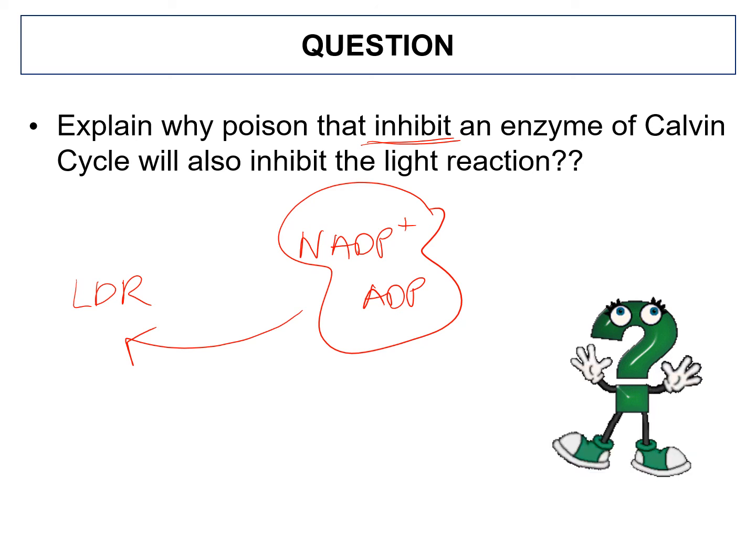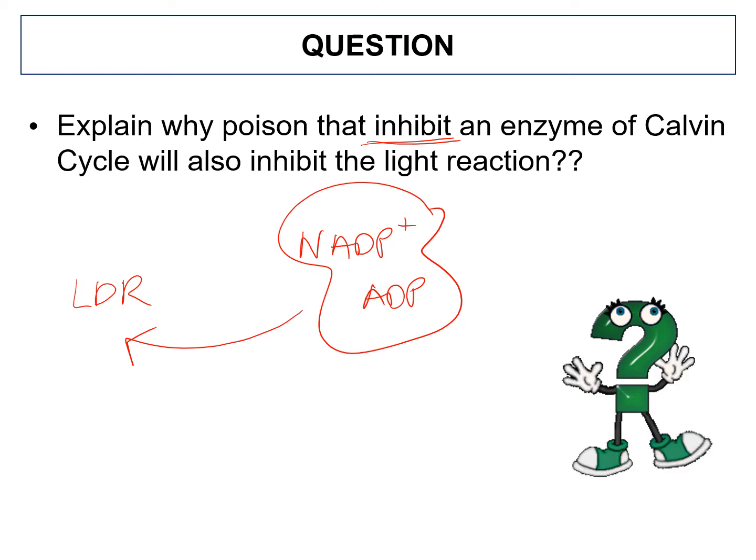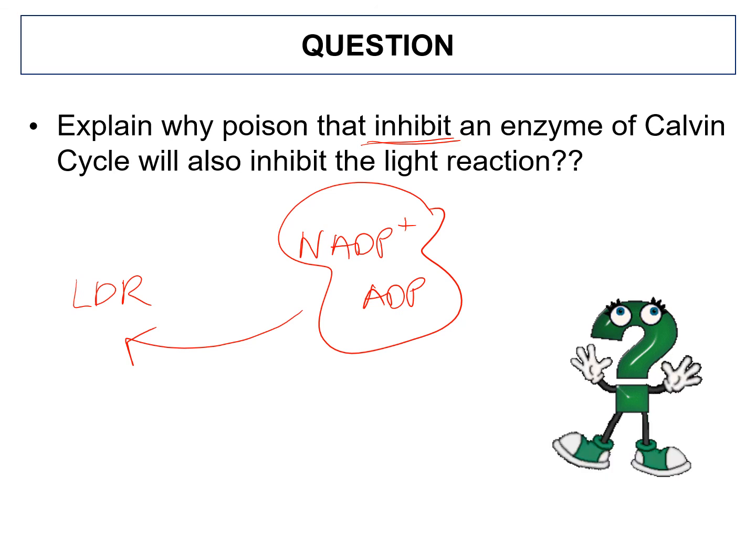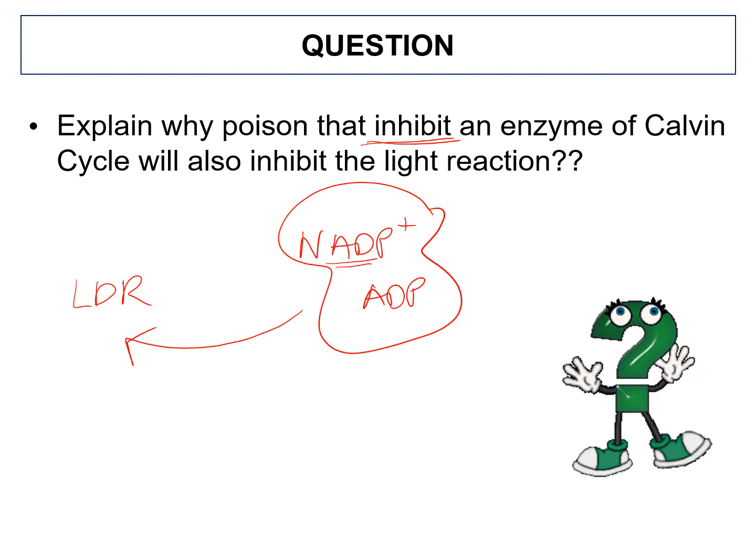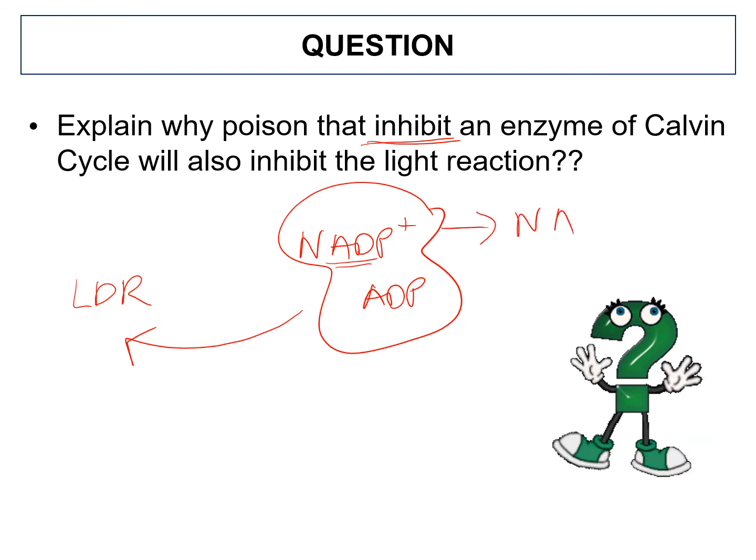If we don't have ADP, then how can the light-dependent reaction occur? Okay, that is for non-cyclic, because non-cyclic involves the production of NADPH. But for ADP, it involves cyclic and non-cyclic photophosphorylation. So if we don't have enough ADP, then there will be no meaning to start the light-dependent reaction.